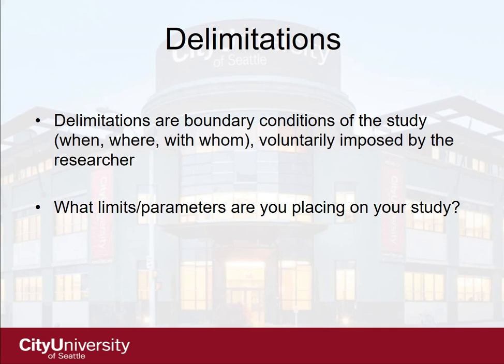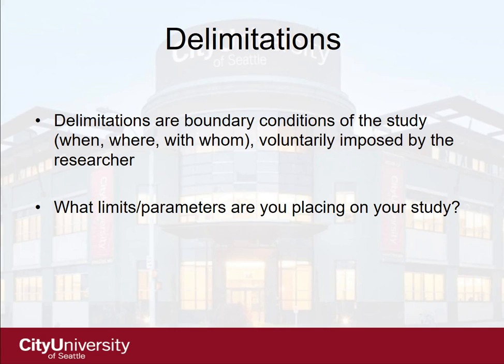This is different from the delimitations, which are the conditions that you set on the study. So where, with whom, that you impose on the research. What limits or parameters are you placing specifically? I'm limiting my study to only students within Washington State versus students nationally. That's a delimitation.